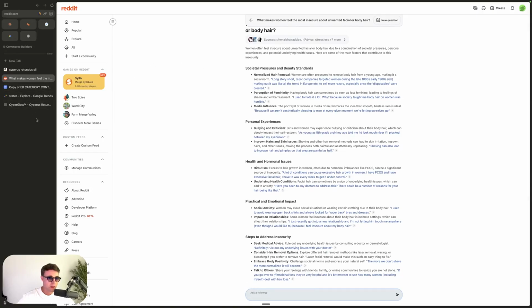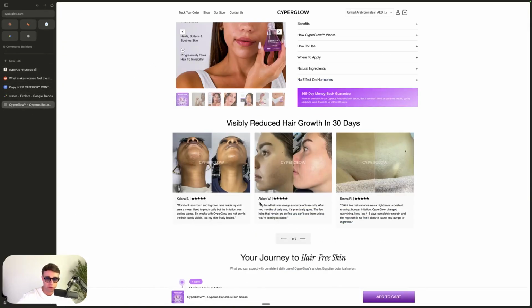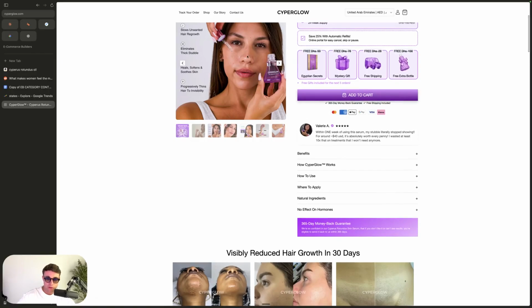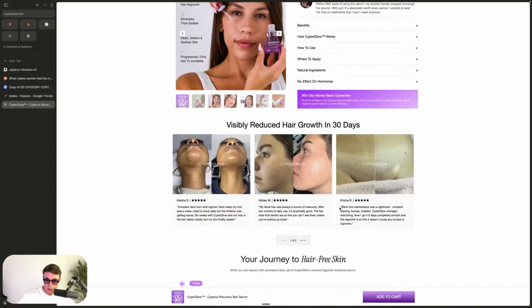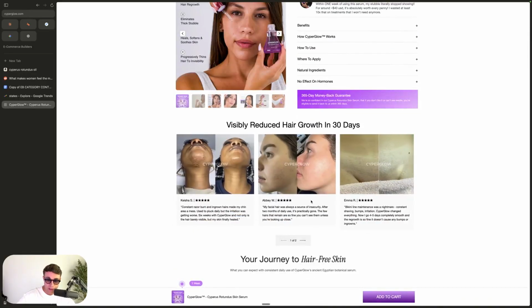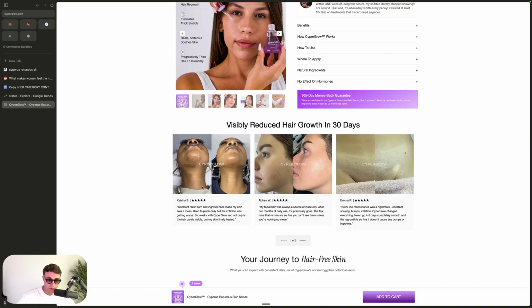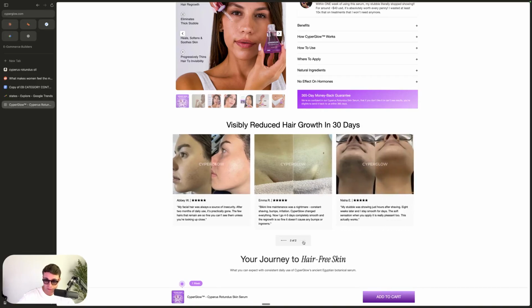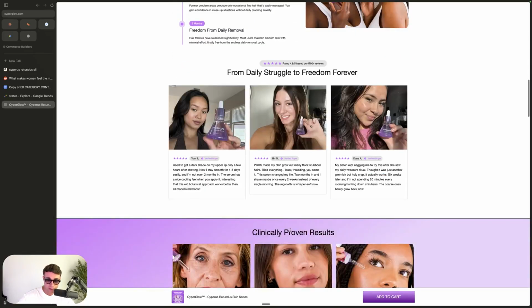Because actually, if we come and look at this product here, you can see that it's not just the face that they're using this on. So you can actually see down here, it can be used on the bikini line. This girl here was using it on her chin. This one here is on the face, chin.